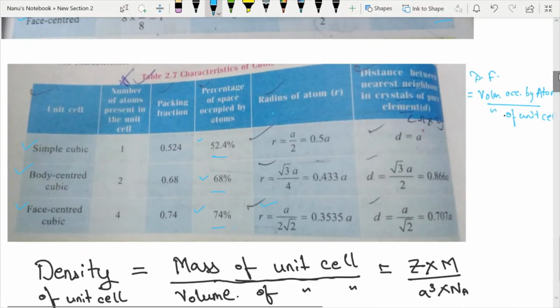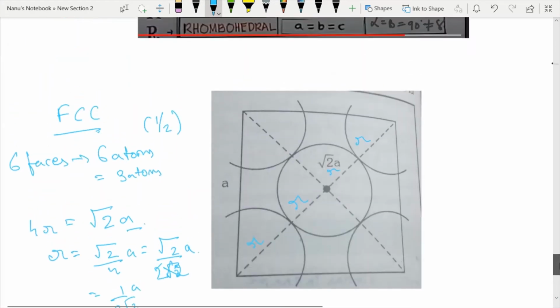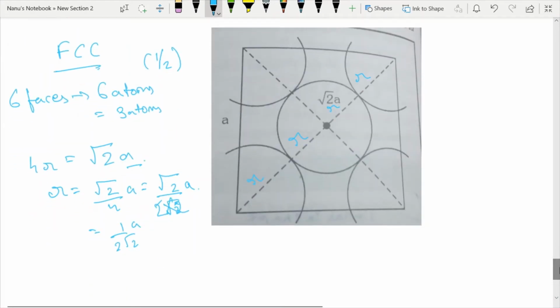Similarly we did this for BCC and SCC. I'll give you a small explanation for BCC and SCC also, and how it came with this only. See, BCC is totally similar, except that instead of a face diagonal, we have the body diagonal. It goes through the center of the cube, not along one of the faces.